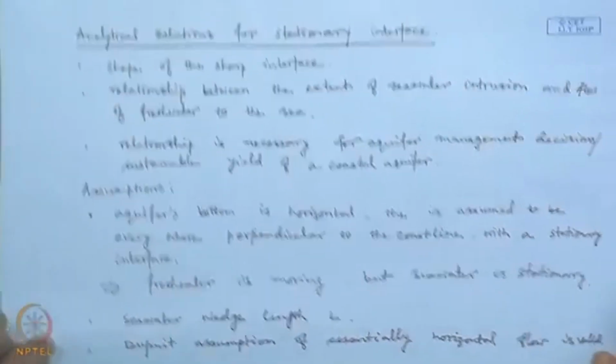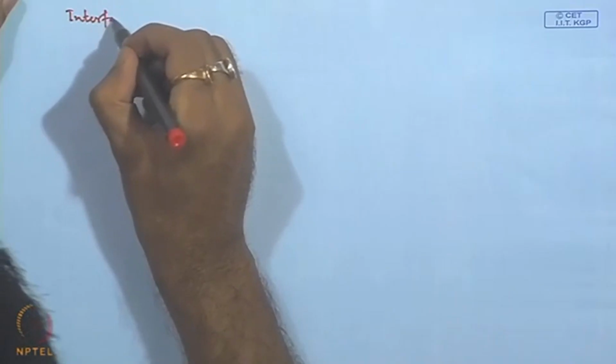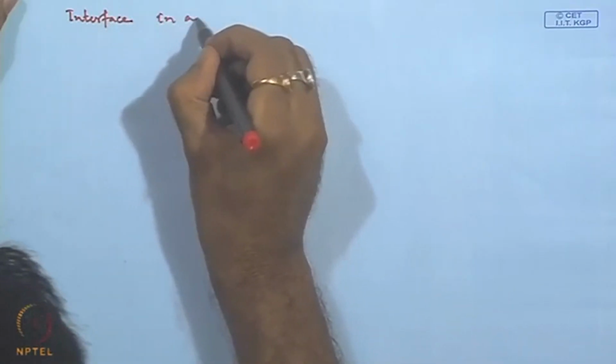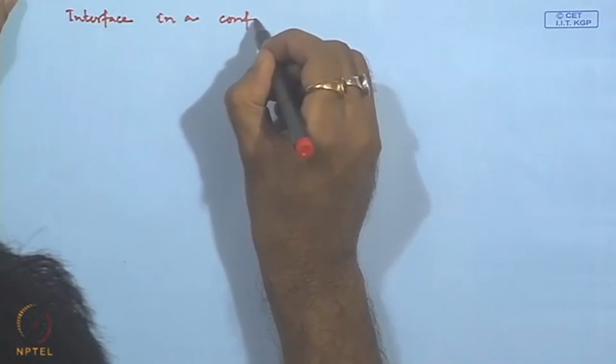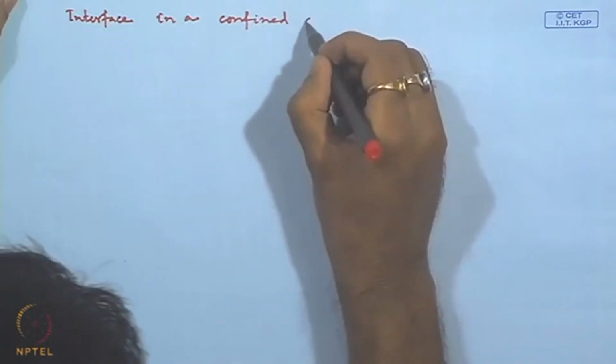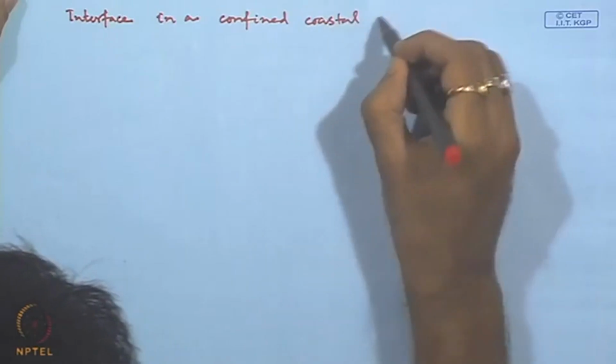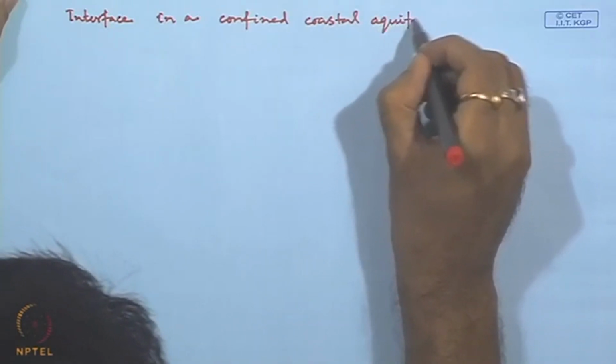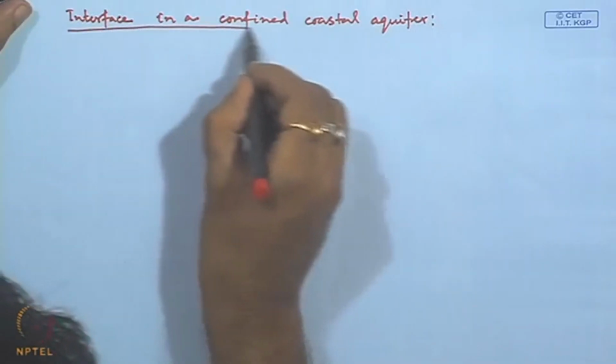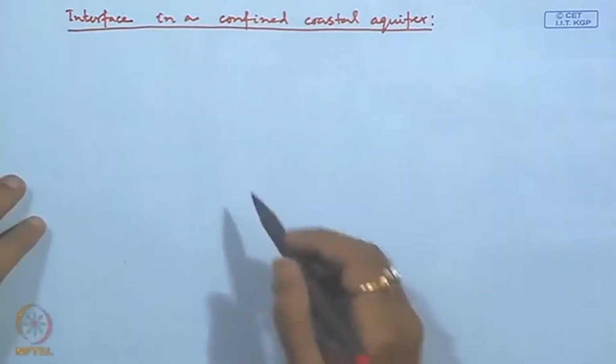So, let us consider a case of a confined aquifer, and for this condition we will try to find out the nature of the interface in a confined coastal aquifer.